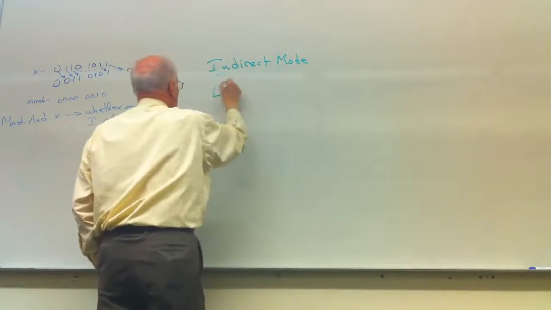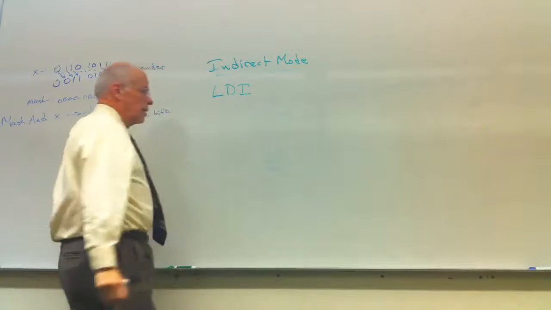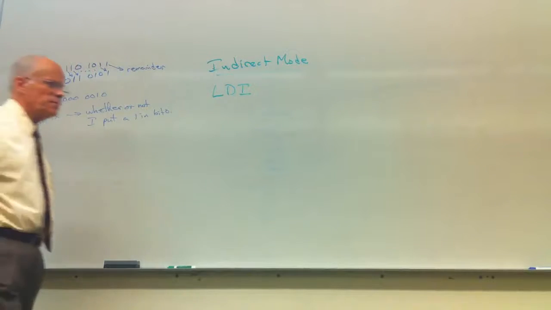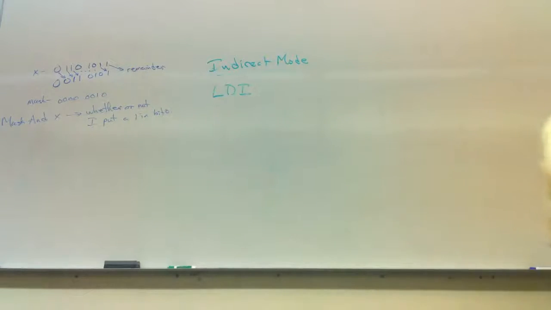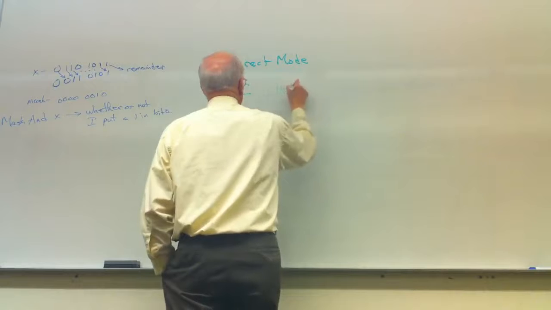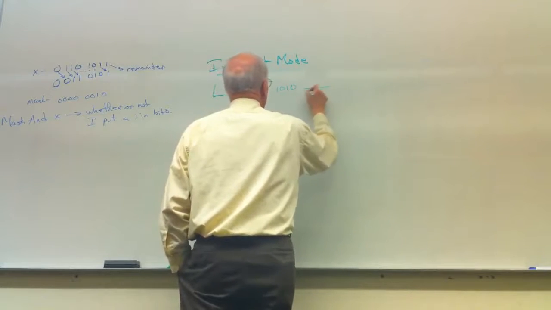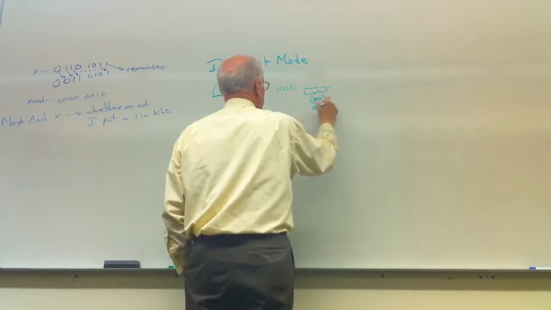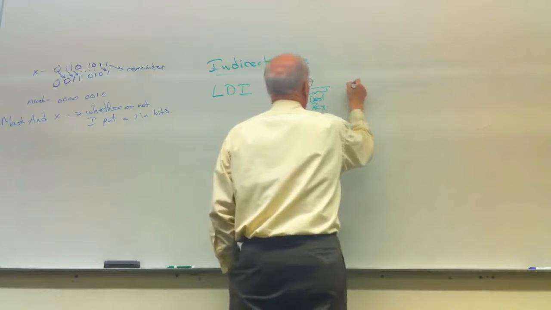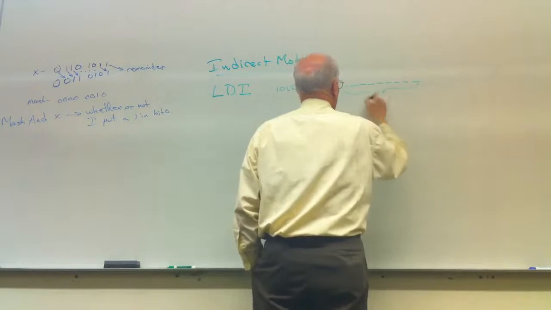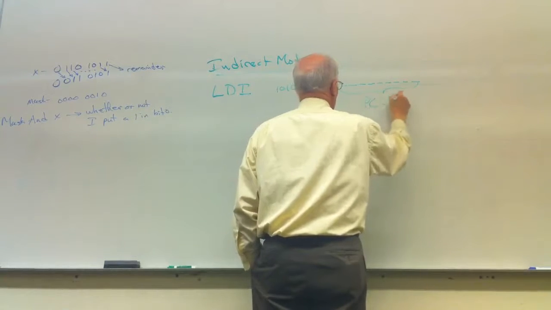Indirect load works like this. The instruction you use is LDI, load indirect, opcode 10. And then you've got your destination register, and you've got a PC offset.